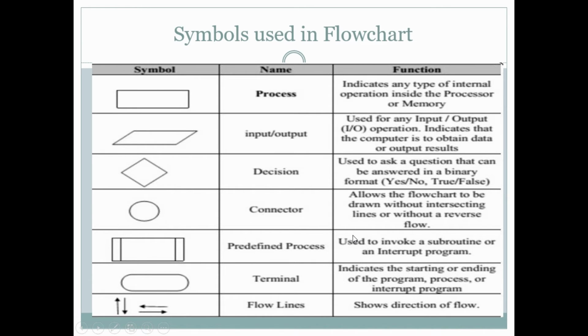The circle is used to connect the flowchart, and this shape is used to define a subroutine, and the oval shape is used to start and end. These arrow lines are used to show the direction of flow of the program.